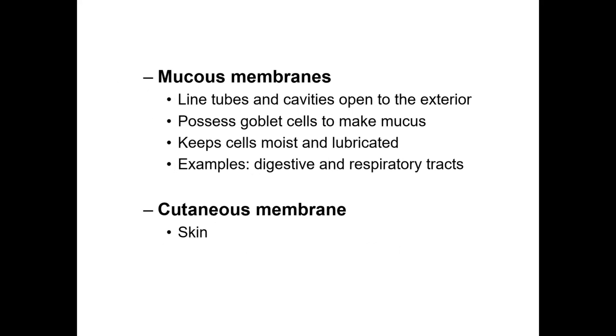We also have mucous membranes, which line tubes and cavities that open to the exterior. They possess goblet cells to make mucus, and they keep the cells moist and lubricated. And we find these in the digestive and respiratory tracts. You also have cutaneous membrane, and that is the skin.